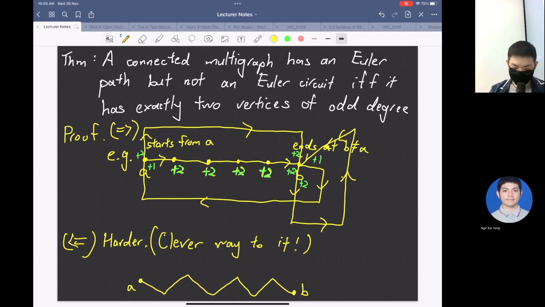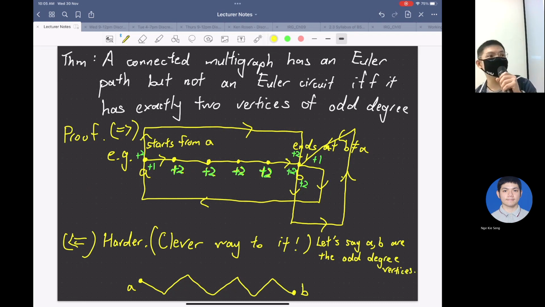So what you can do is, let's say A and B are the odd degree vertices. The rest are even, right?